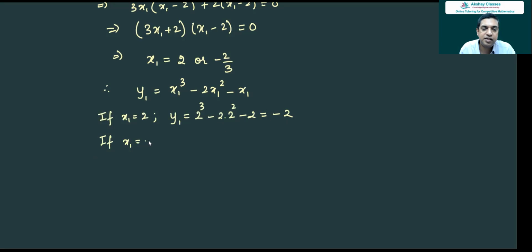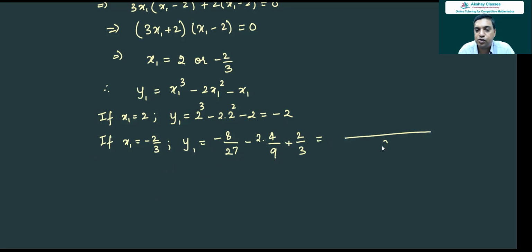If x1 is equal to minus 2 by 3, y1 is minus 8 upon 27 minus 2 into 4 upon 9 plus 2 upon 3.